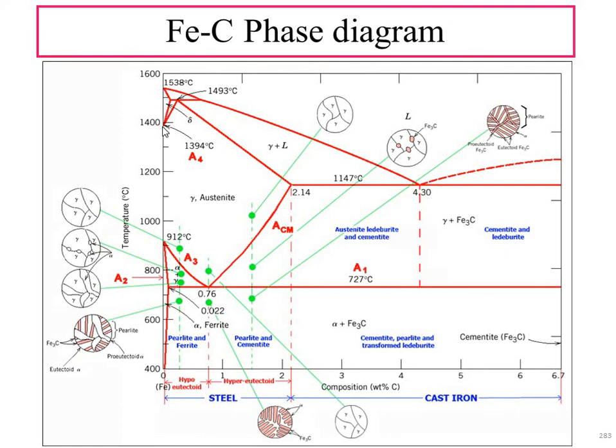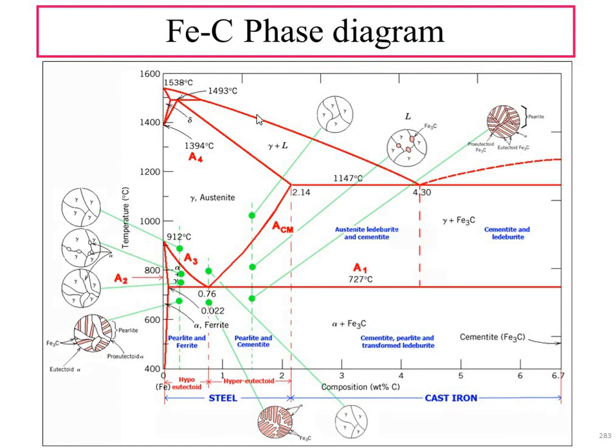Next is 1410, or in some textbooks 1394, so slight variations will be there. And then 910 or 912 is another. So there are actually three basic solid state transformations, because after this we will have a phase change.